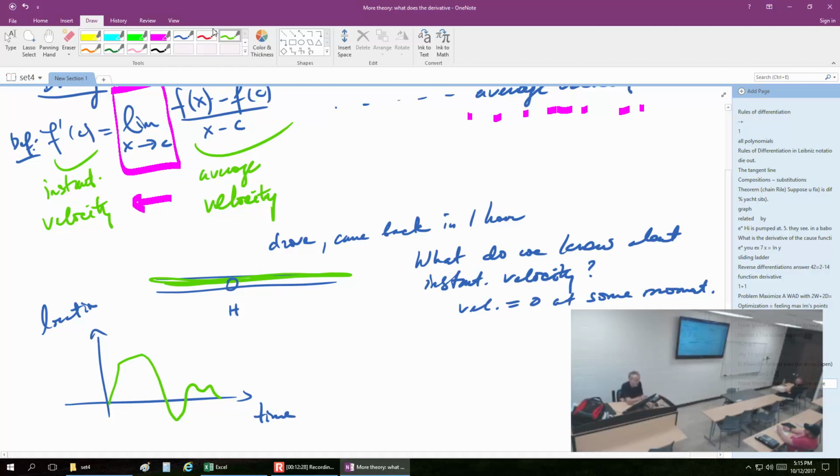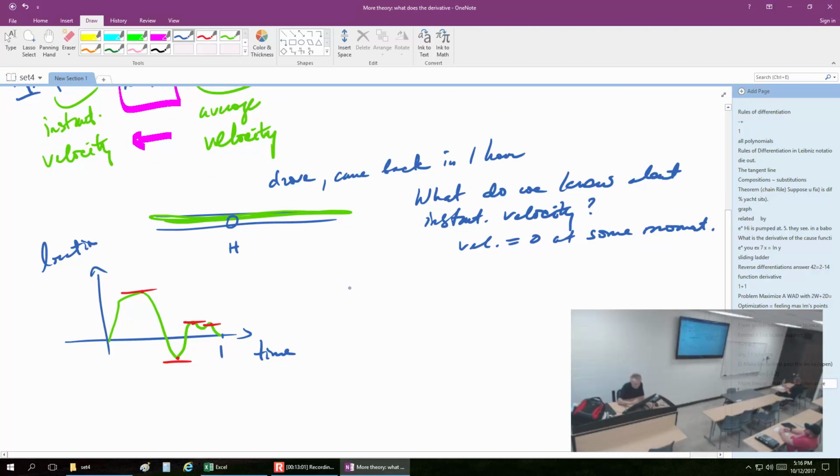But the point is that at some point your tangent line must have been horizontal, which indicates that during that hour when you were driving, you stopped, even if only for a moment. That's the kind of common sense conclusion that we can make. That takes the form of what we call Rolle's theorem.